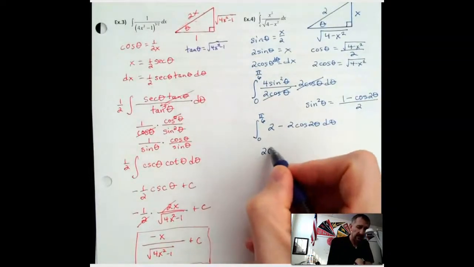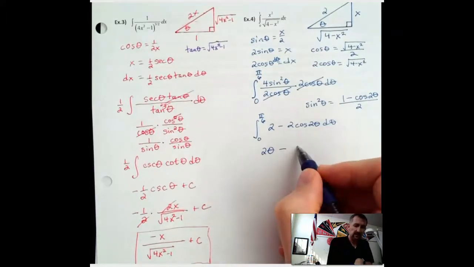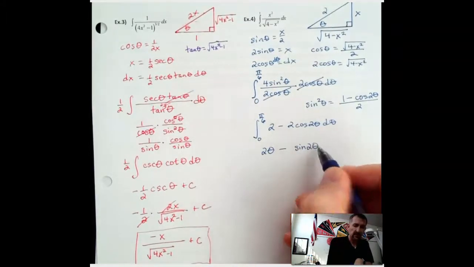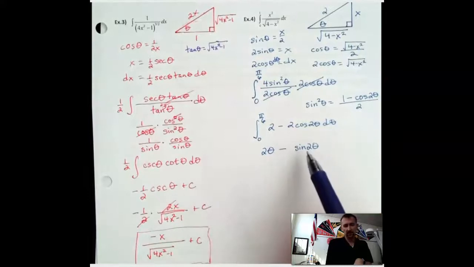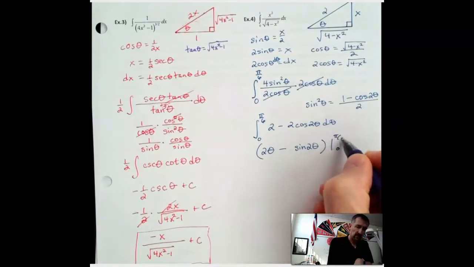So if we integrate that, it's going to be 2 theta. And if we integrate this, it's going to be sine 2 theta. You could do a u substitution, but hopefully you realize because of the chain rule, we're going to get that 2 from here. So that's actually pretty nice. That's about it there. And then we're going to plug in, so we have 2 times pi over 6.